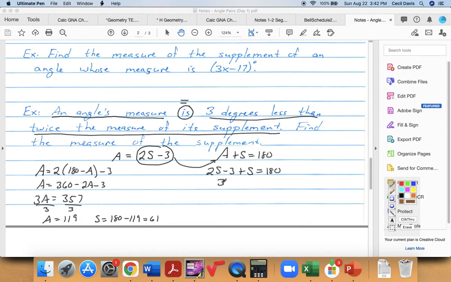Grouping the like terms, that's 3s minus 3 is 180. Add 3, we've got 3s is 183. Divide by 3, and s is equal to 61.